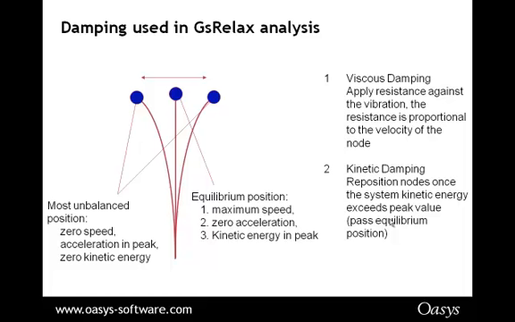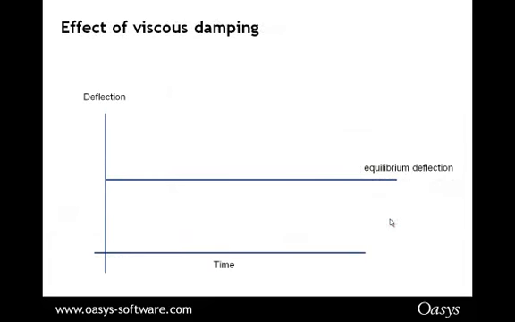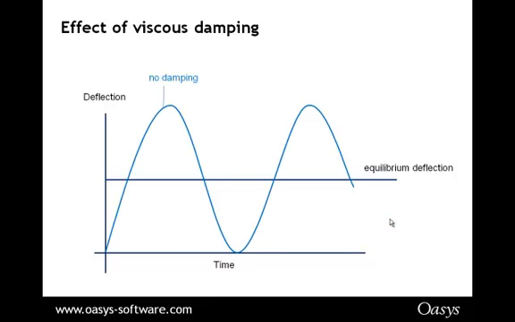It's good. Originally designed for one degree of freedom structures, it does actually work for the more complicated three-dimensional structures as well. Effects of the damping, as I said: if there's no damping at all, the deflections will just oscillate backwards and forwards forever. If we have some damping and the damping is just smaller than critical, it will overshoot the equilibrium and then come back and converge.